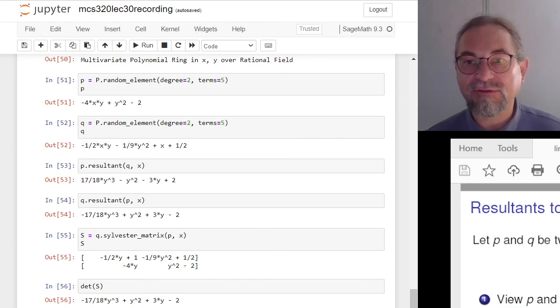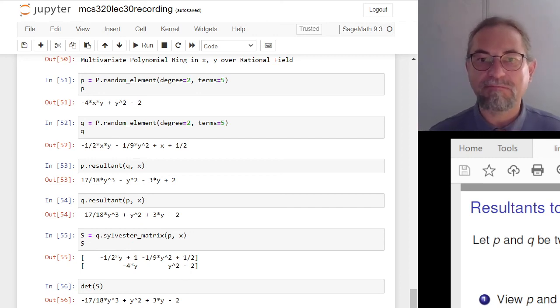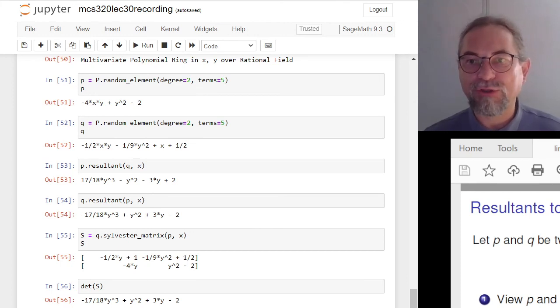I have the resultant now given 3 times: once with this resultant method that is defined on these polynomials of the library that comes from Singular, or I can compute it explicitly via the determinant of the Sylvester matrix.